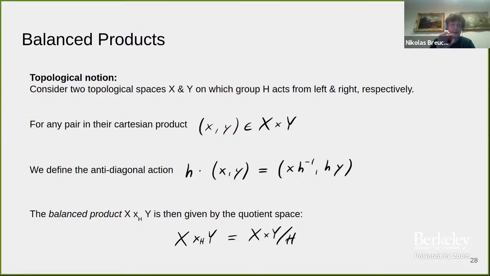Then we can define an anti-diagonal action on the Cartesian product of these two spaces. By taking the usual Cartesian product and then factoring out this anti-diagonal action, we get a new topological space, and this space is called the balanced product.